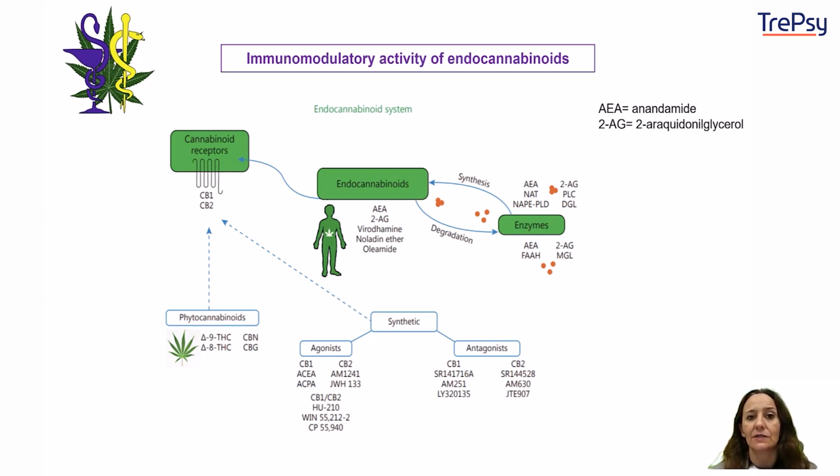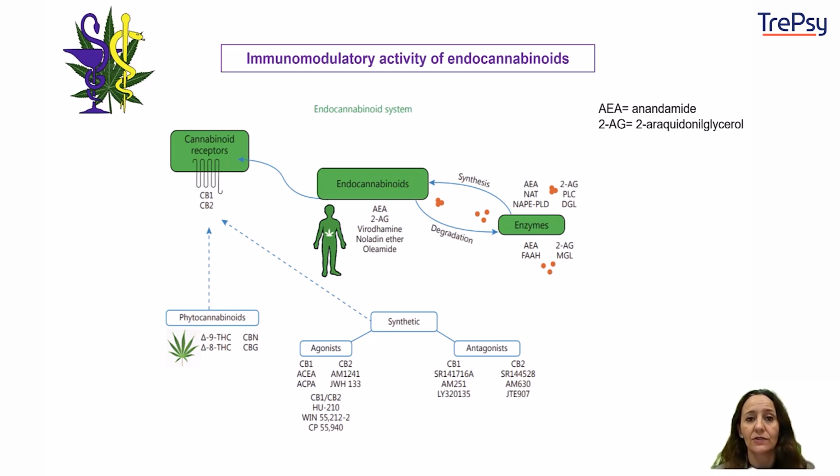I'm not going to stop on this, but in this image, we can see that CB1 and CB2 are the main cannabinoid receptors, and the ligands are phytocannabinoids, our endocannabinoids, and also synthetic cannabinoids that can bind to these receptors. The most important thing is that these two receptors are present in lots of different immune system cells.